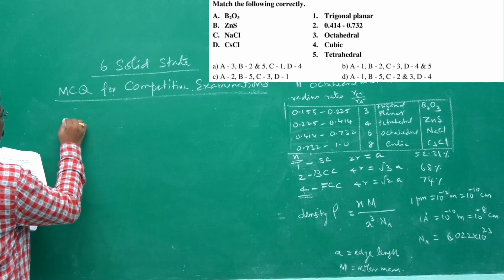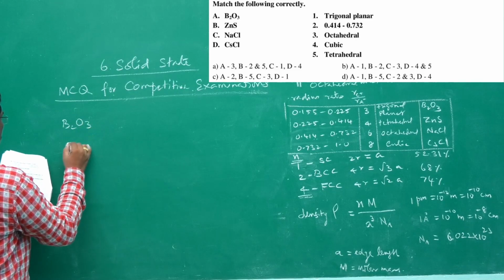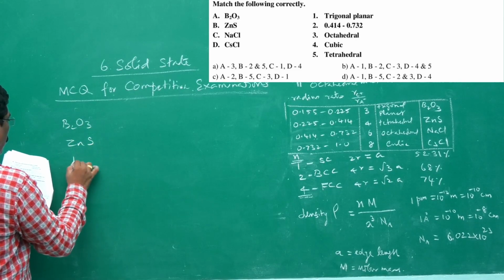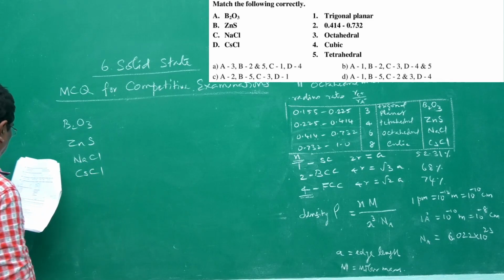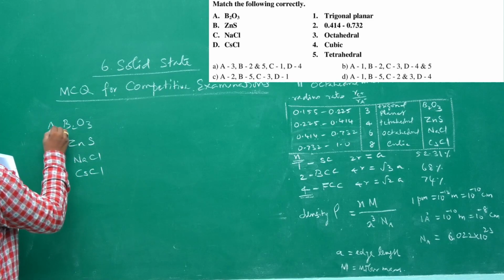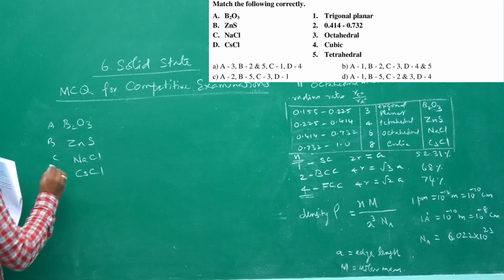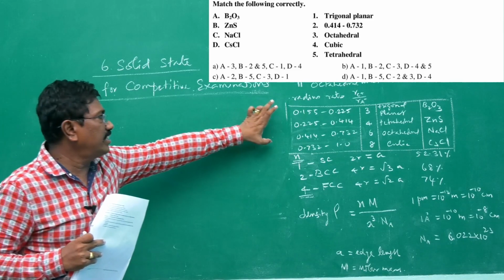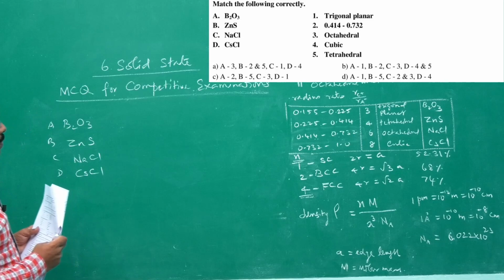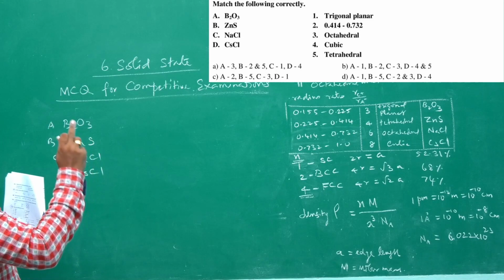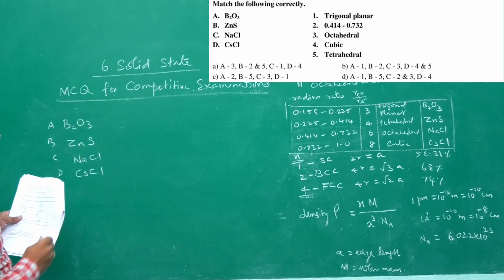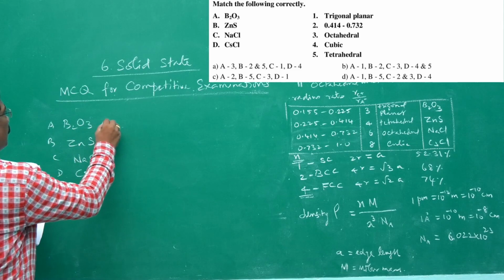So next question, match the following correctly. They are given a few compounds: B2O3, ZnS, sodium chloride and cesium chloride. More or less they wanted to compare the radius ratio. So in B2O3, the option may be trigonal planar, which is given as 1.